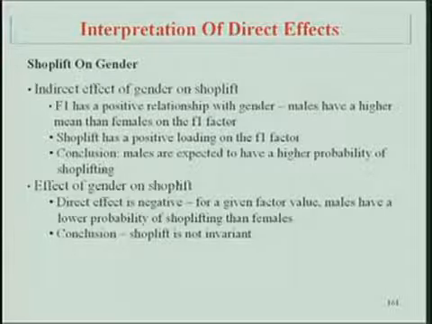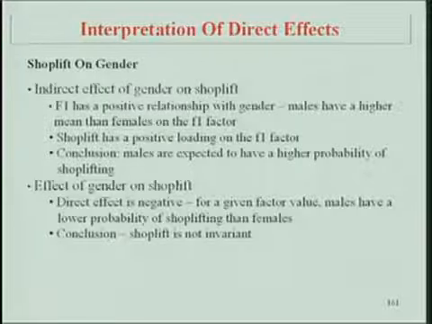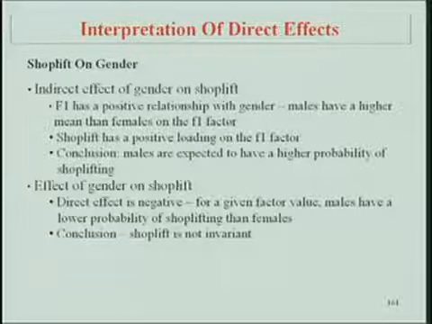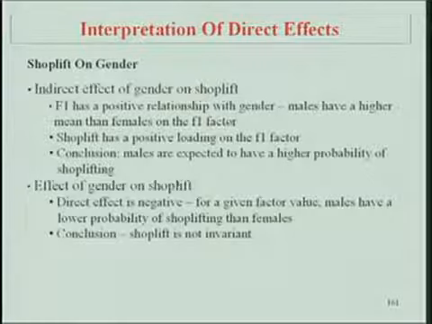You don't have to. The question is, everything's being done simultaneously. When you look at this direct effect, we only talked about conditioning on F1, and you don't have to condition on F2 and F3, because they don't influence shoplifting. There are no arrows from those. So in that case, you have a very simple case here. It's sufficient to condition on F1.